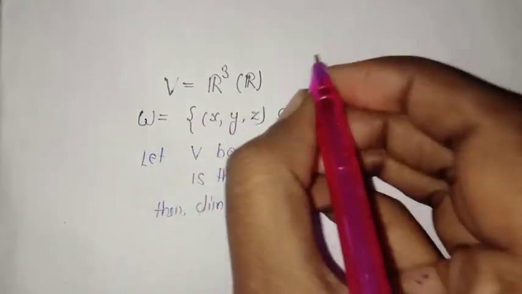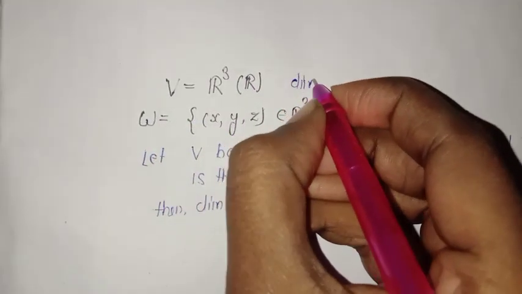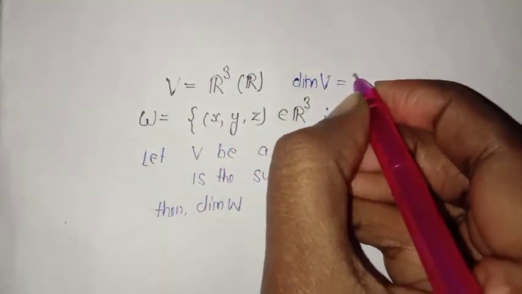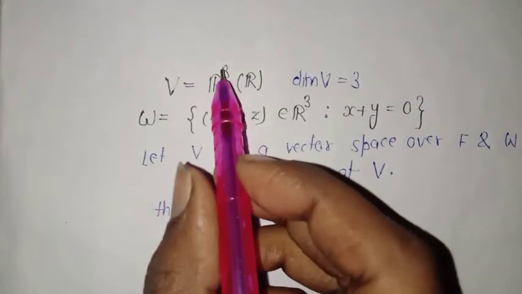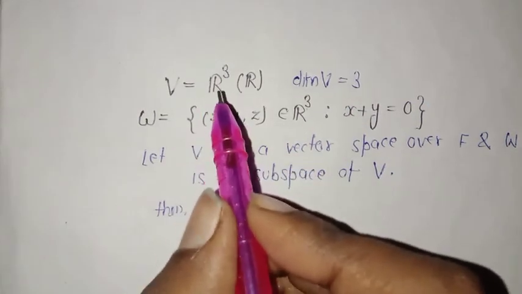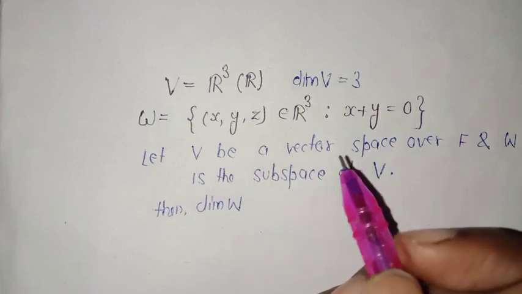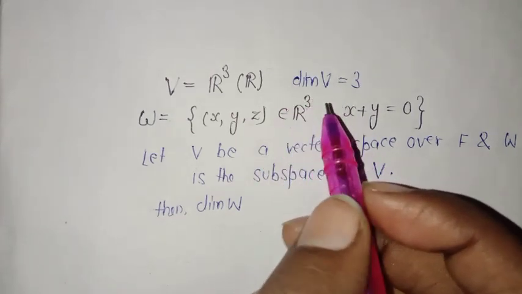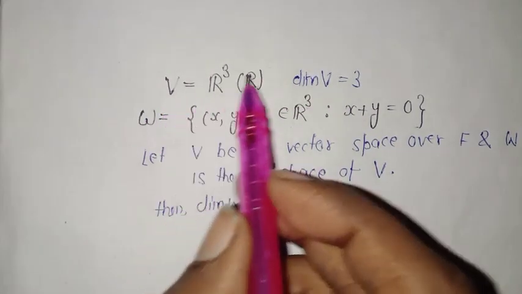It is 3, because if you write the standard basis for this vector space, that will be (1,0,0), (0,1,0) and (0,0,1). So 3 elements are there in the basis of vector space V, so the dimension of V becomes 3.